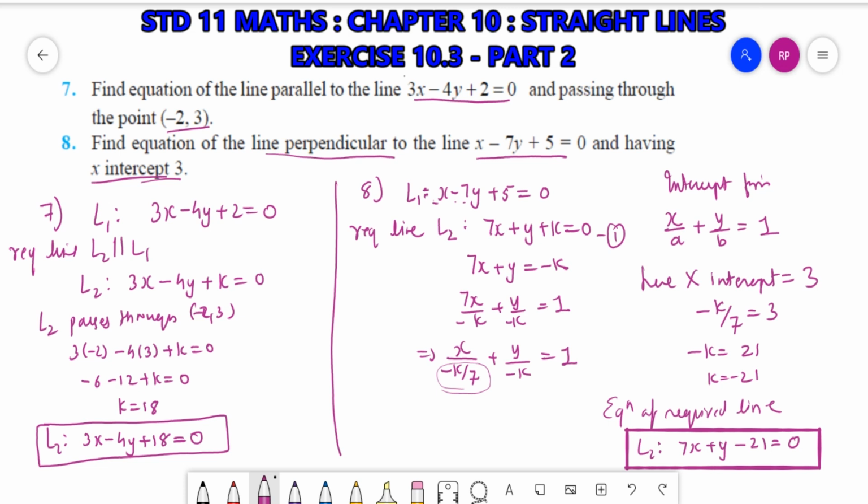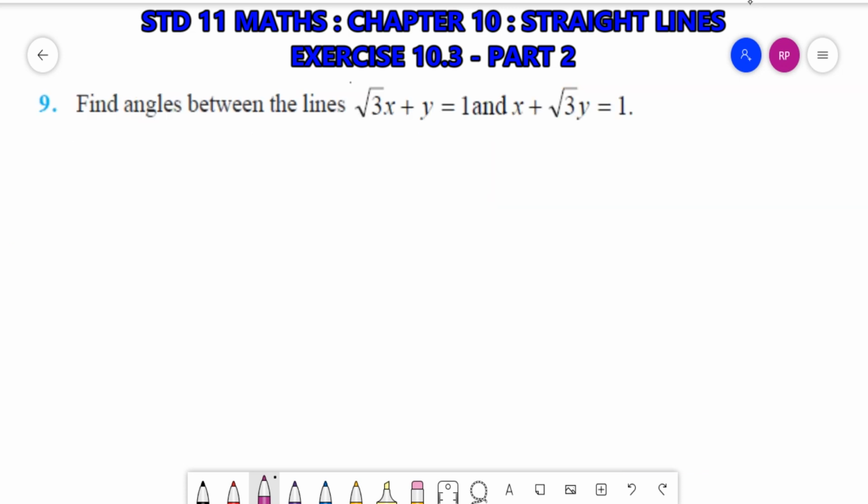Now let's see the next. Question number 9. Find the angle between the lines root 3x plus y equal to 1 and x plus root 3y equal to 1. Okay, so write down first the equation of line L1: root 3x plus y is equal to 1.